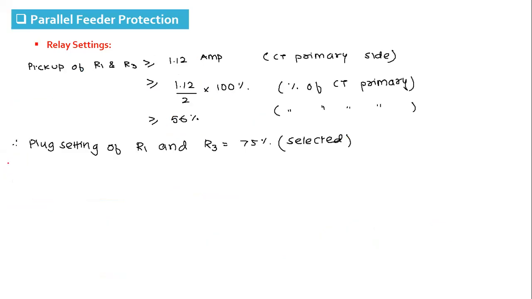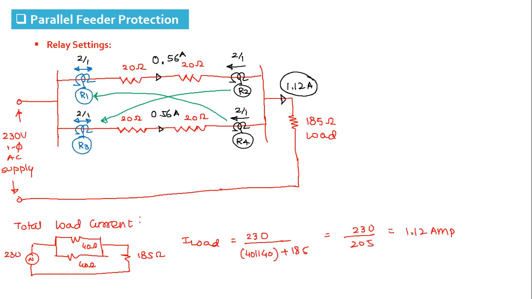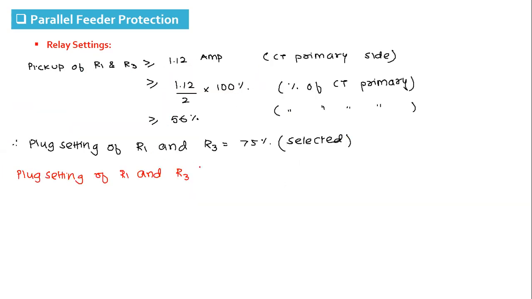The plug setting of R1 and R3, which are the backup relays to R2 and R4, should be greater than or equal to 1.3 by 1.05 times the plug setting of R2 and R4.